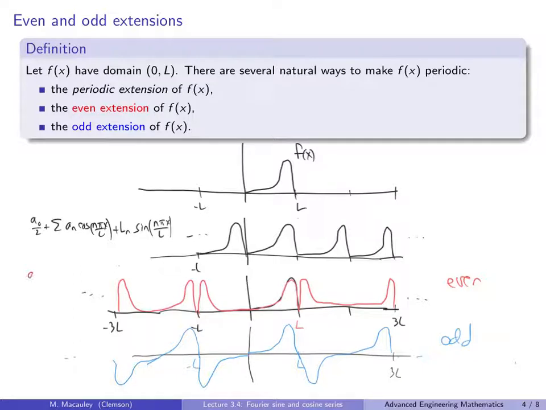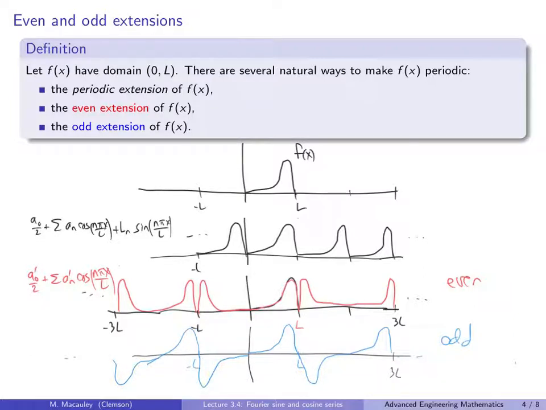So the Fourier series of this is just going to be a naught over 2 plus the infinite sum of a_n cosine of n pi x over L, and just that. Now, I should say these a_n are not necessarily going to be the same. So let me put primes here, a naught prime and a_n prime.